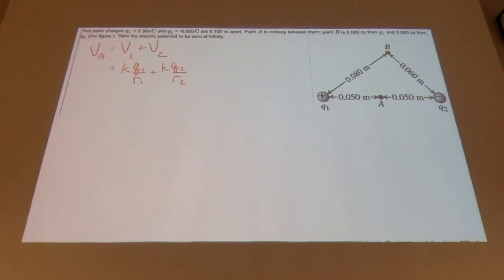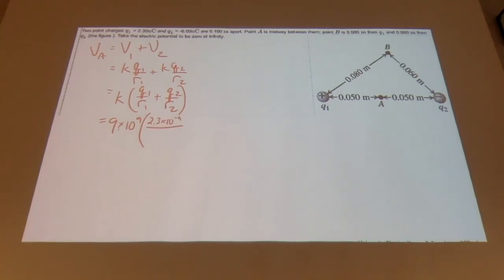So the K's are the same. I'm going to go ahead and factor those out just to simplify the math a little bit. And we've got Q1 over R1 plus Q2 over R2. And let's plug the numbers in. And then we're done. So K is 9 times 10 to the 9th. Q1 is positive, and notice it's listed as nanocoulombs. I need to convert that to coulombs, so it's going to be 2.3 times 10 to the minus 9.